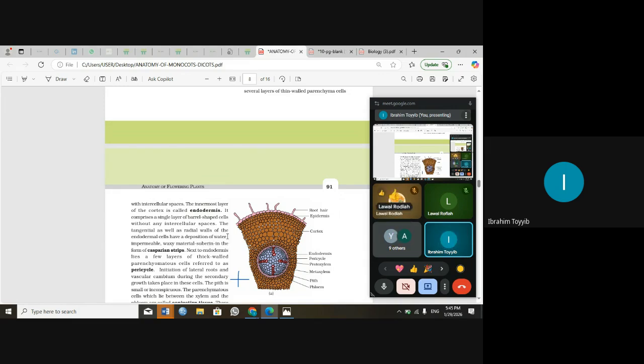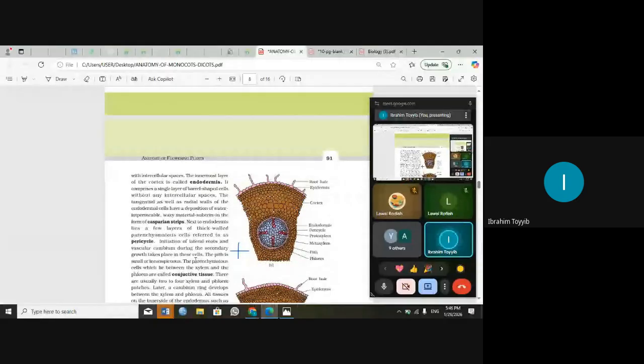Now the endodermal cell has a deposition of water-impermeable suberin in the form of Casparian strips. JAMB did not used to ask this.